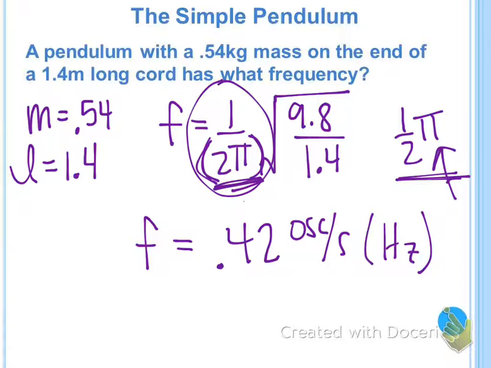If you plug into your calculator 1 divided by parentheses 2 pi, close parentheses, you get 0.159. So those are two very, very different answers. Make sure that you're being consistent there and being adamant about doing that in your calculator correctly, because a lot of people plug in that 1/2 pi, and it's not the same thing. 1/2 pi is not the same as 1 over 2 pi. Does that make sense?